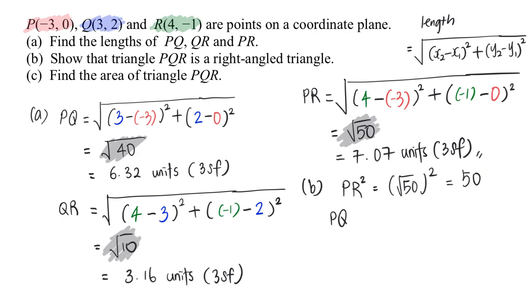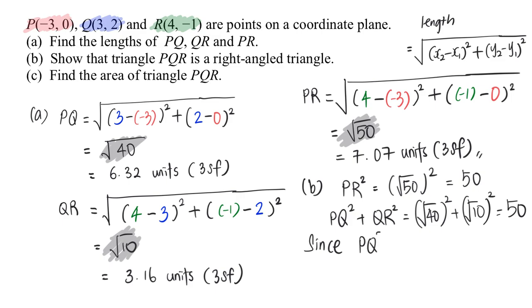I also saw that PQ squared plus QR squared is the square root of 40 squared plus the square root of 10 squared, which also gives me the same 50. And since PQ squared plus QR squared is equal to PR squared, by the converse of Pythagoras' theorem, triangle PQR is a right angle triangle.